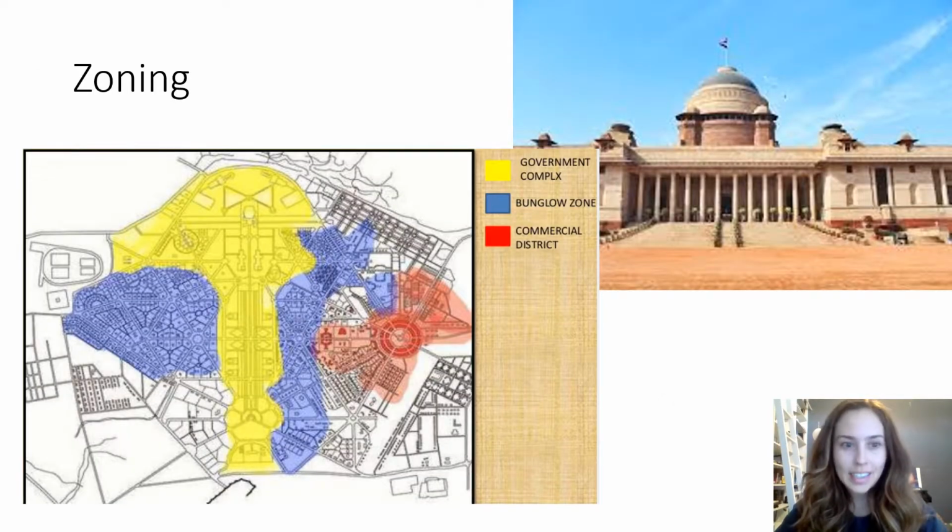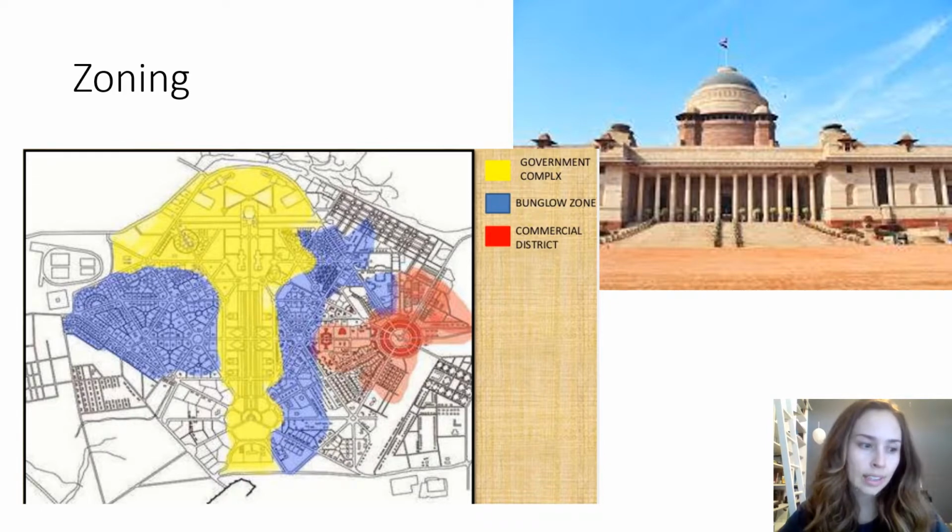And so lastly, I'll talk about the zoning. In the zoning, you can see the yellow is the government complex, the blue is the bungalow zone, and the red is the commercial district. The government complex consists of buildings based around the central avenue and includes all focal points of the visual axis.